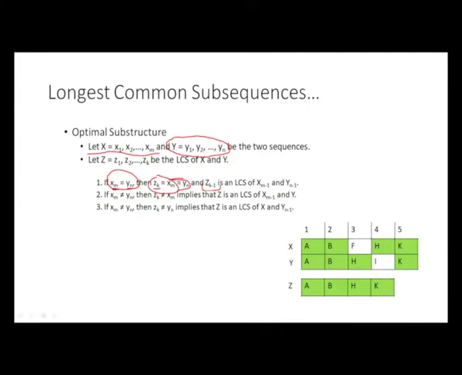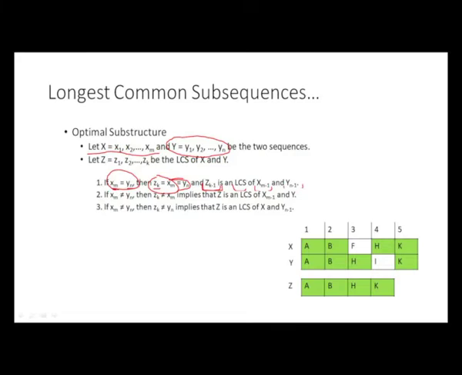Now this remaining portion will be an LCS, that is the longest common subsequence of the one input sequence minus the last character and the other input sequence minus the last character.